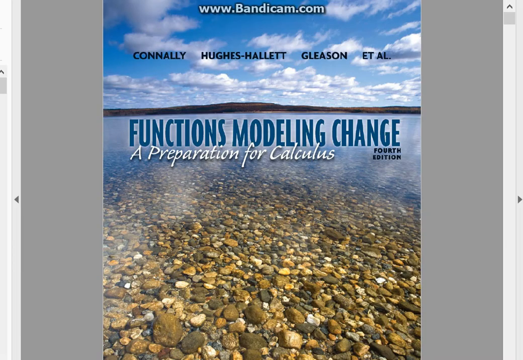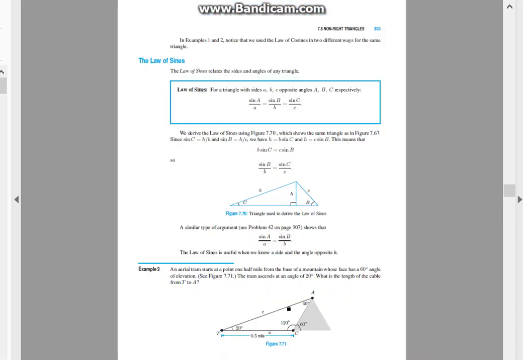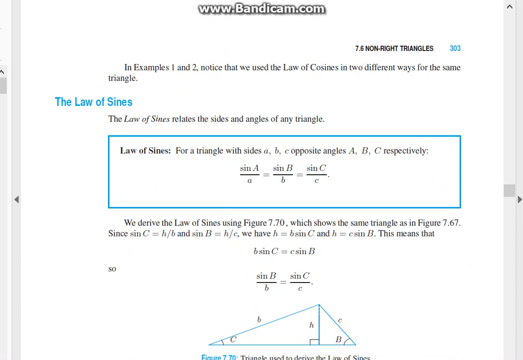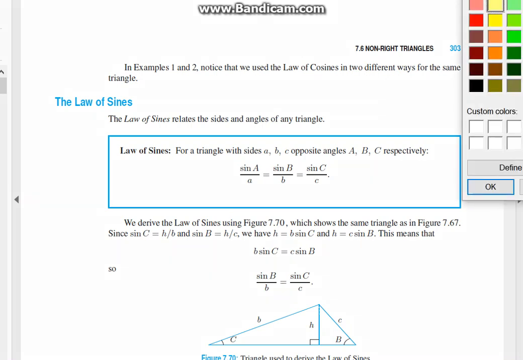Since we took a look at the law of cosines, we're also going to take a look at the law of sines. Before I get into it, I'm going to use this textbook here to explain it. Now, the law of sines.